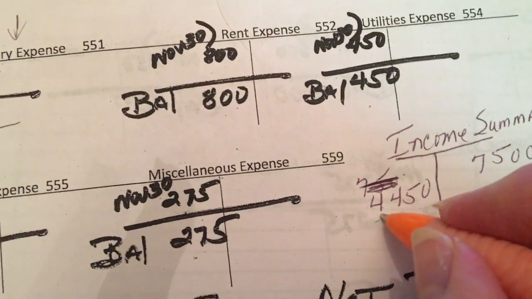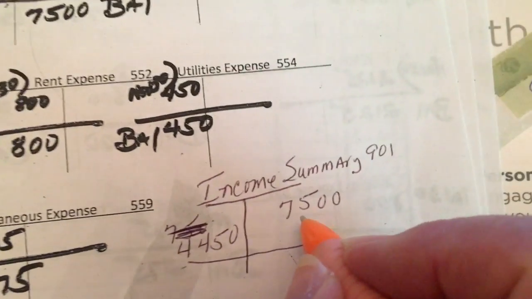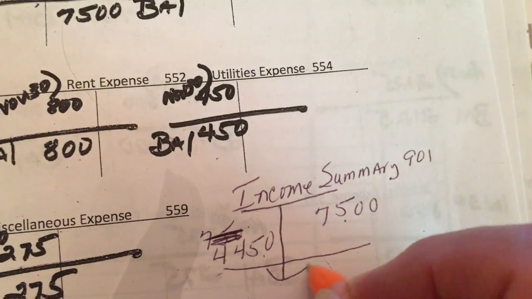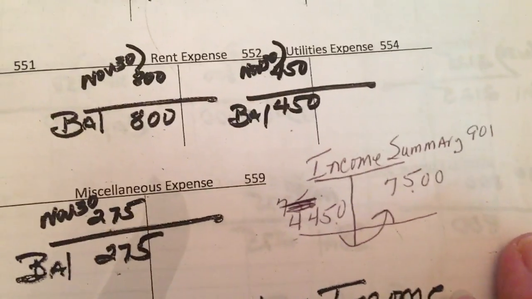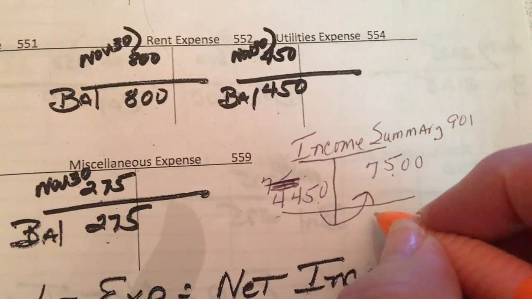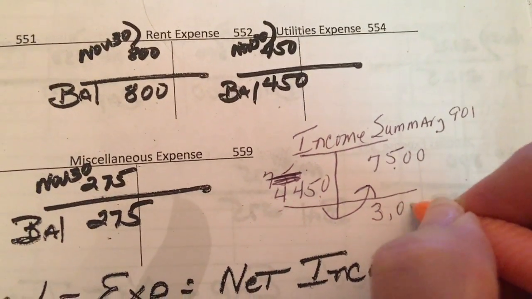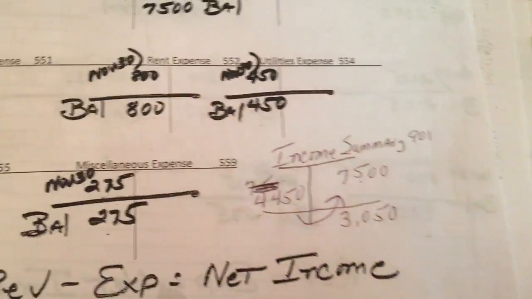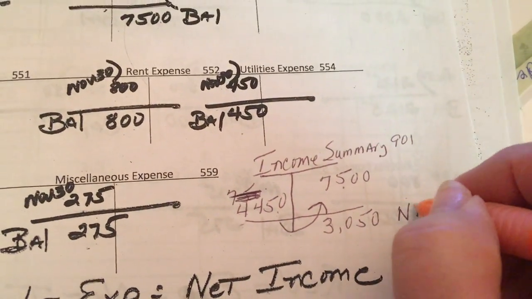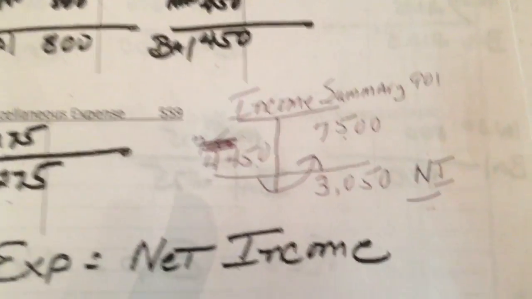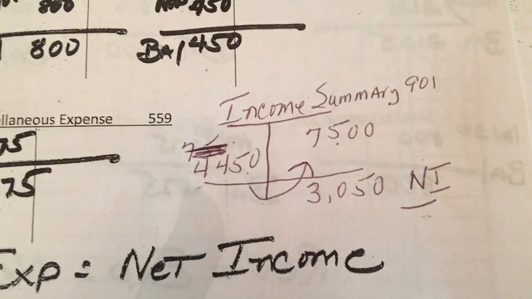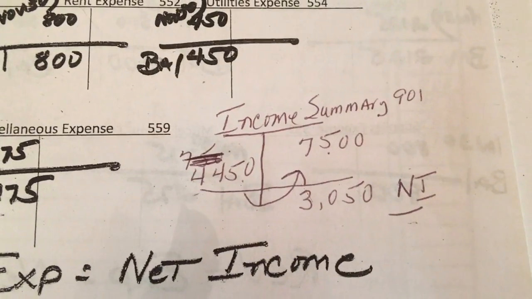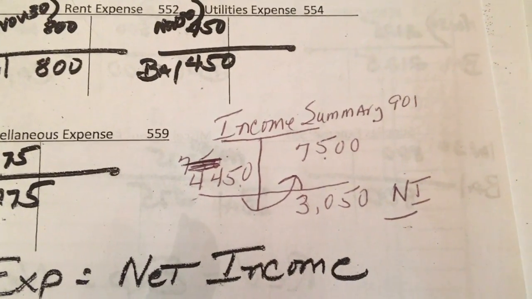Okay, now let's get a balance here. 7,500 credit minus 4,450, so subtract the smaller from the larger. That gives you $3,050. Now, I don't have it with me, but if you go back and look at your income statement, that is your net income. Okay, that's your net income. So now what we want to do is a journal entry to close that account.